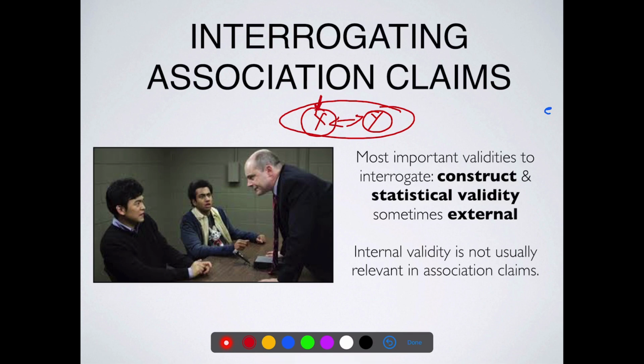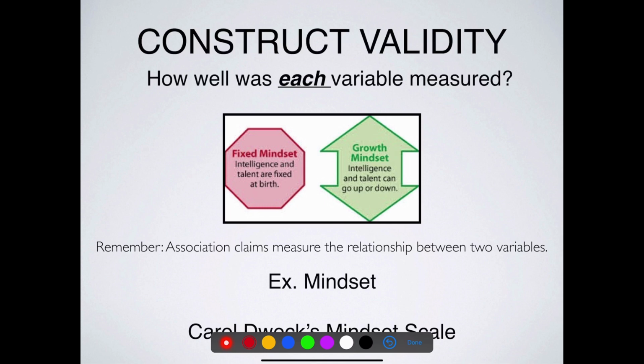You're just measuring X and you're measuring Y. You're measuring both variables. Okay. So construct validity, just as a reminder, is focusing on: are they actually measuring what they said they measured.